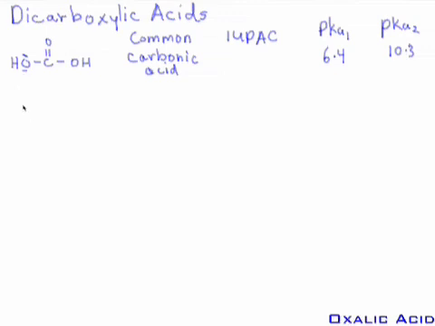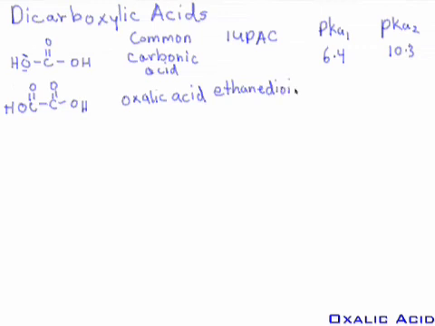The first true dicarboxylic acid we want to look at is called oxalic acid. Oxalic acid is ethane dioic acid.